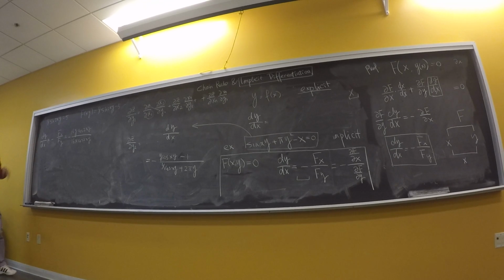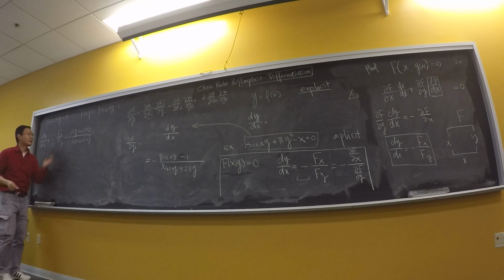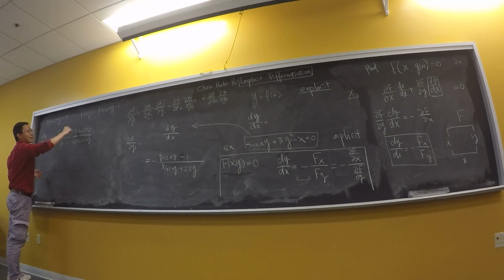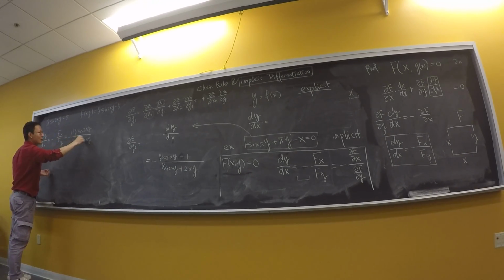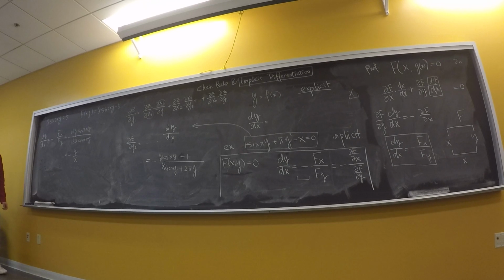Yes? So if I'm taking the derivative with respect to y, x becomes a constant. Now I can remove common factors, canceling terms. So it's going to be minus y divided by x in the end. Okay? So this is the derivative.